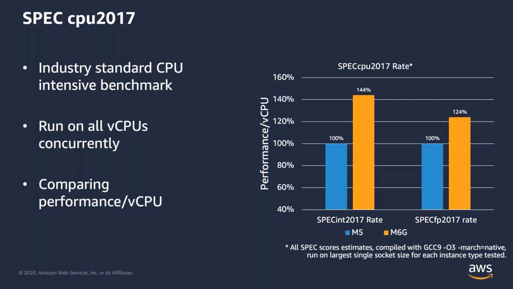And for the floating point part of the benchmark, we can get up to 23% better performance on M6G compared to M5. That benchmark was run on all vCPU concurrently, and we are comparing the performance per vCPU.